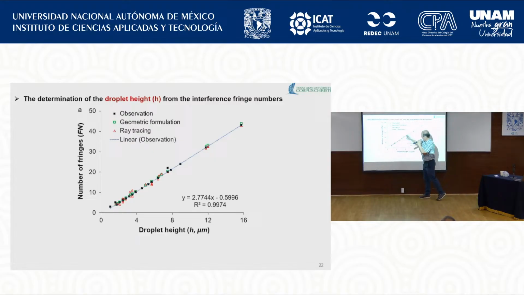It shows a perfect match between the observation, geometrical formulation, and ray tracing. It can be expressed as a linear equation, and the experiment shows almost 99.7% agreement between the experiment and the theory.